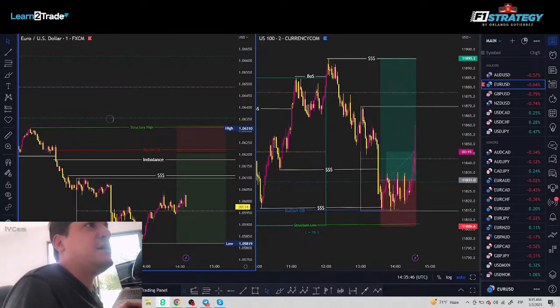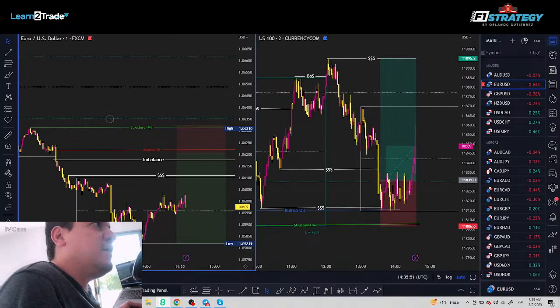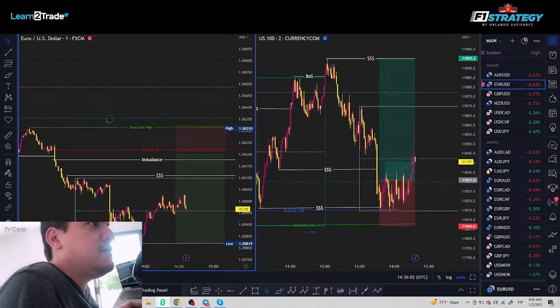So the Nasdaq, I'm going to move my stop losses to break even on the Nasdaq. No, moving my stop losses just above the structured lows.